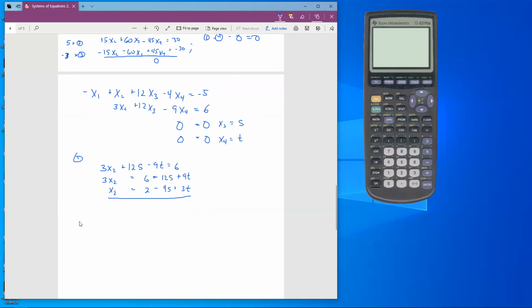So we still got to plug this in for x1. So we have negative x1 plus x2. x2 is 2 minus 4s plus 3t, okay? x3 is plus 12s, okay? And then we have minus 4t, all right? So negative x1 plus x2.